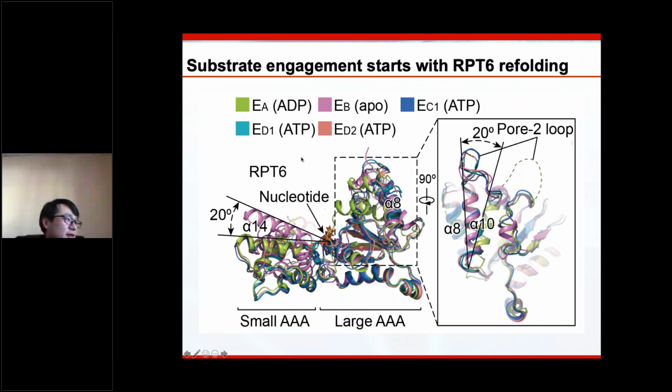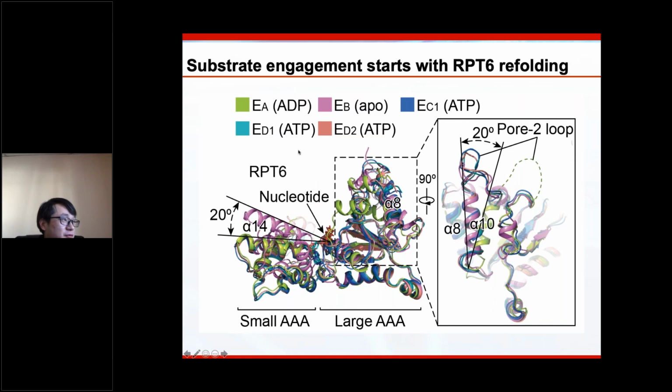Also, as you can see, if you compare the RPT6 ATPase structure between the 5 different states, only the APO state, which is shown in purple, shows a large rotational change between the small AAA and large AAA subdomains.